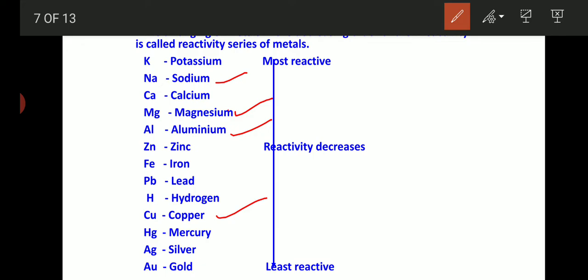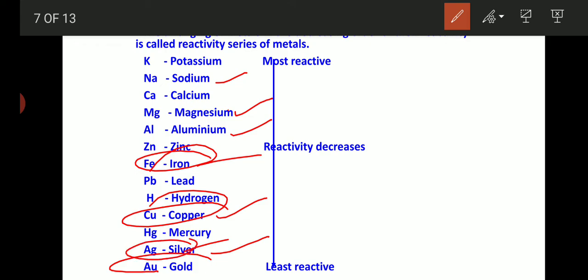Then the third option, ferrous sulfate solution and silver metal. See the silver and iron. Again iron is stronger than silver. So here also the displacement does not occur. The fourth option, that is silver nitrate solution and copper metal. Okay, now see here, copper is here and silver is here. So copper is more reactive than silver, right?